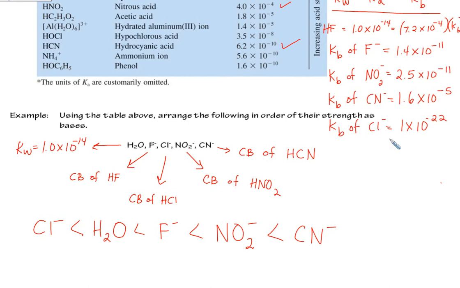If I have the conjugate base of a strong acid, it's a really, really weak base. And then as I go toward weaker acids, the conjugate base must be stronger. Like that cyanide ion, that guy really does have a good tendency of picking up hydrogen from the solution.